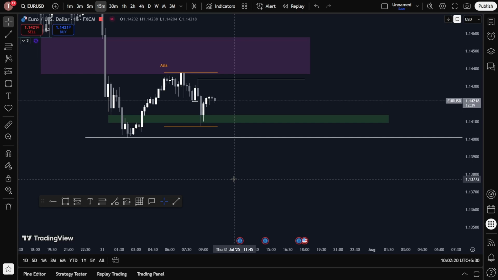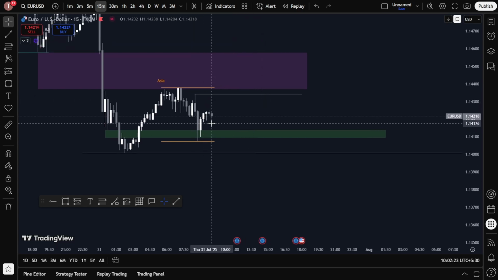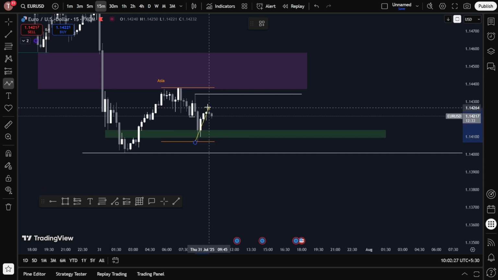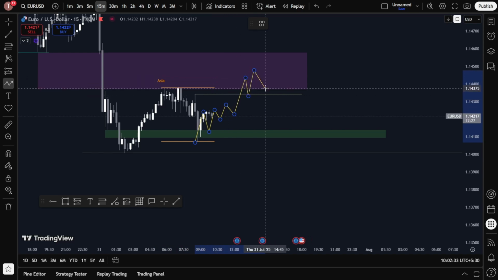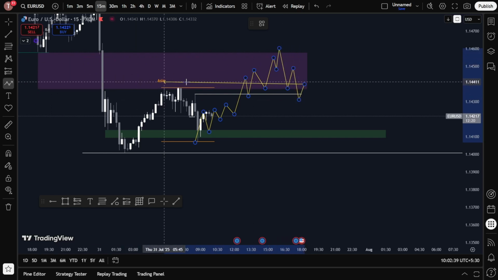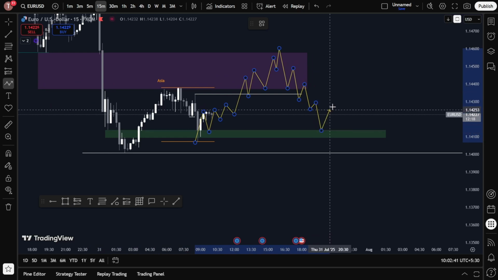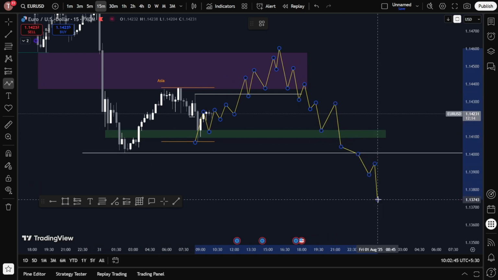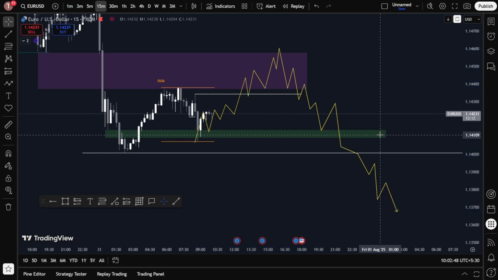So for today's bias, there are two scenarios in my mind. Possibly we can go in the upside direction, do some session manipulation, move up, mitigate this level, and then respect this FVG, and then move into the downward side towards the higher time frame levels.